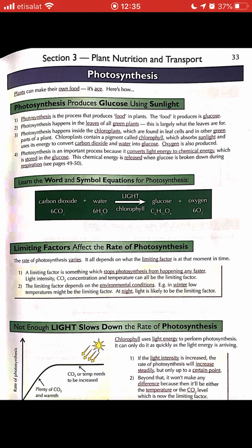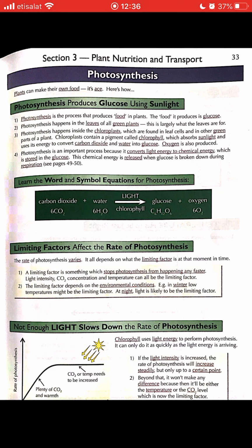Photosynthesis is important to plants because it converts light energy into chemical energy, which is stored in the glucose. The chemical energy is released when the glucose is broken down during respiration. Now, it's worth knowing that producing glucose is the aim of photosynthesis, but respiration isn't the only use for that glucose. Plants will use some glucose for respiration.